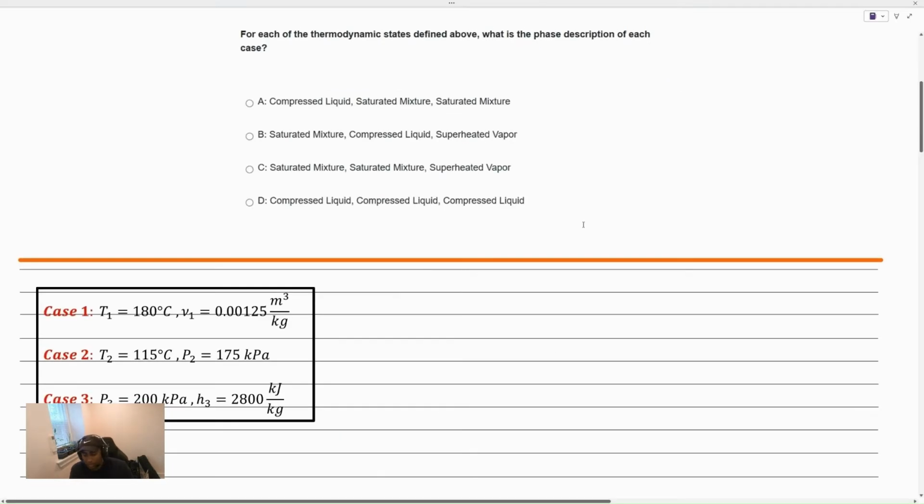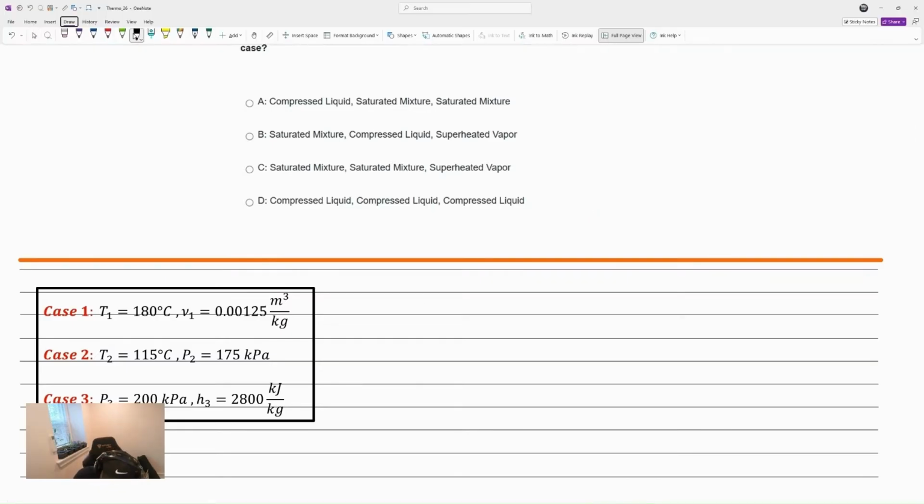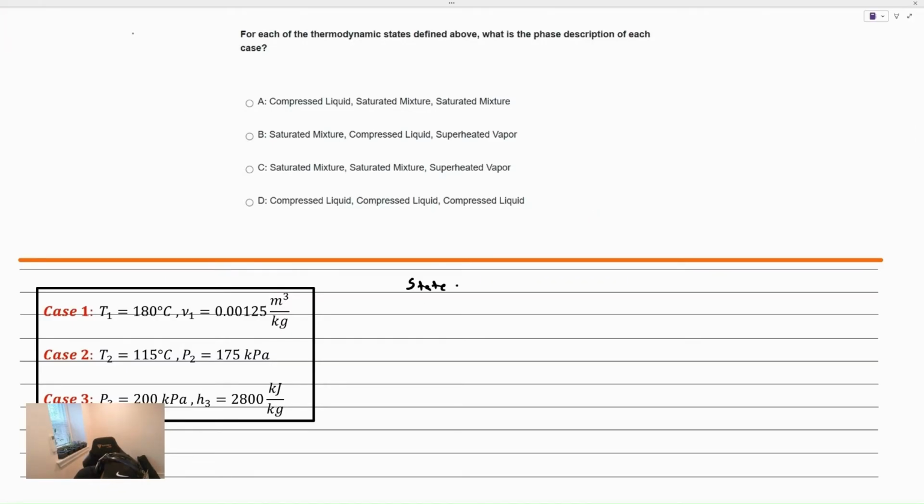Now, what's important about this problem is understanding fundamentally the idea of the state postulate. The state postulate says that if you're given 2 independent intensive properties, then you fully define a thermodynamic state, like given temperature and specific volume.